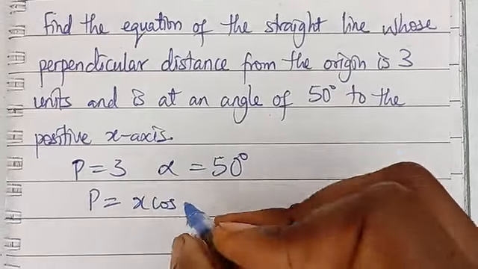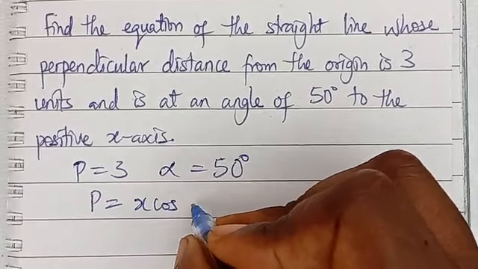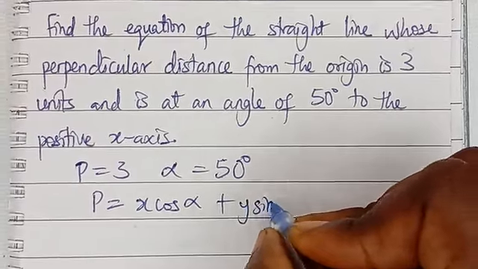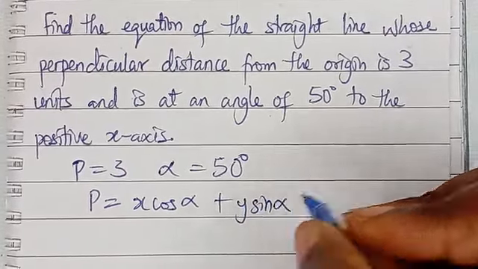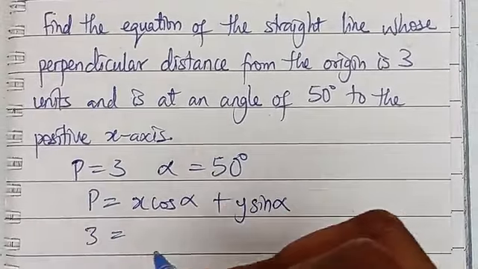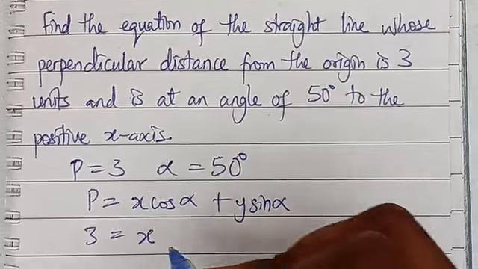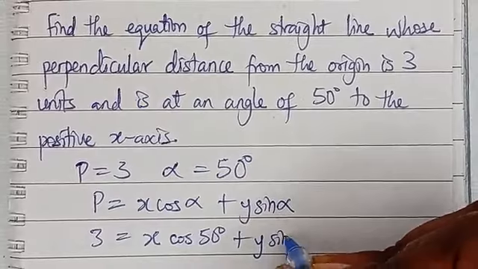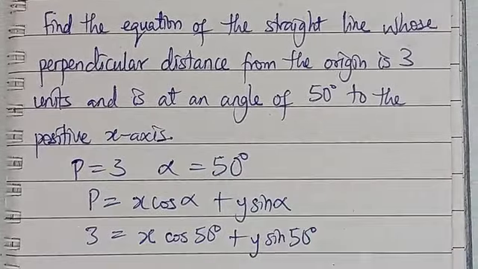X always goes with cos. That's how to remember this, and y goes with sine. 3 is equal to x cos 50 degrees plus y sine 50 degrees.